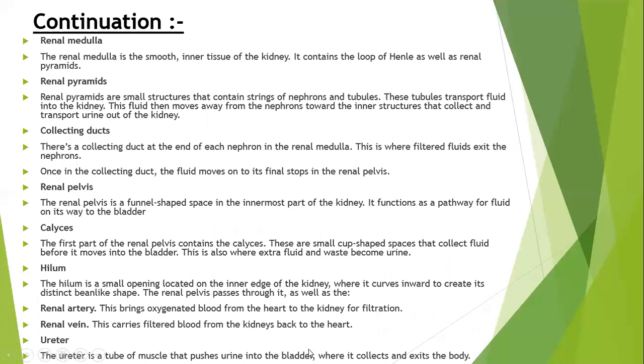Renal medulla: the renal medulla is the smooth inner tissue of the kidney. It contains the loop of Henle as well as the renal pyramids. What are the renal pyramids? Renal pyramids are small structures that contain strings of nephrons and tubules.